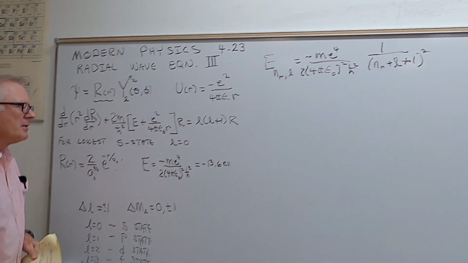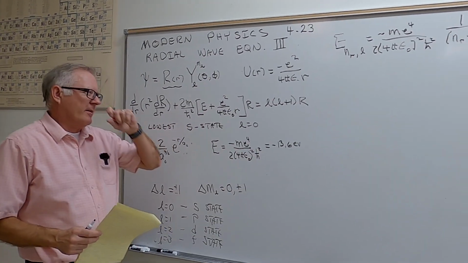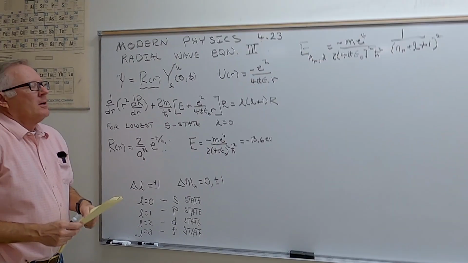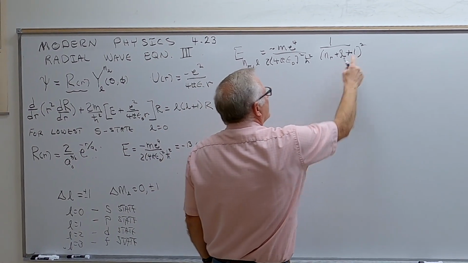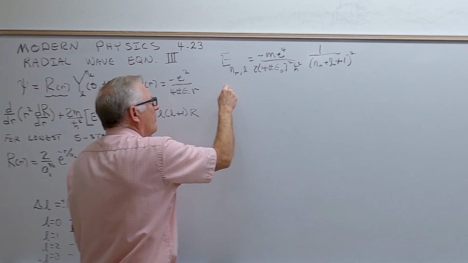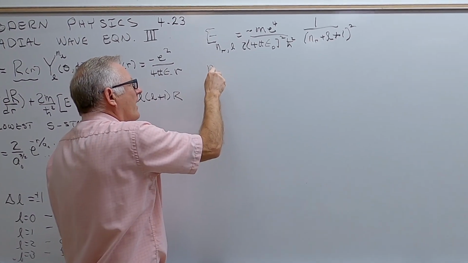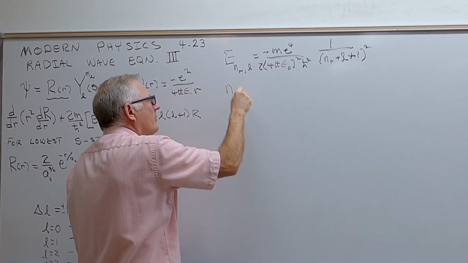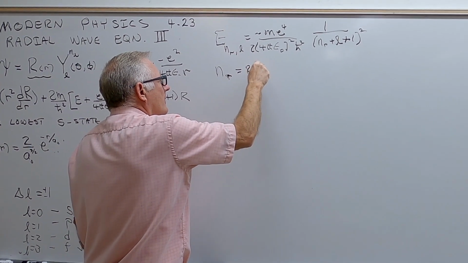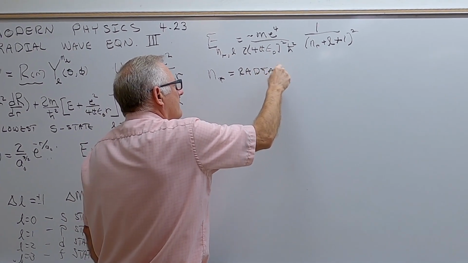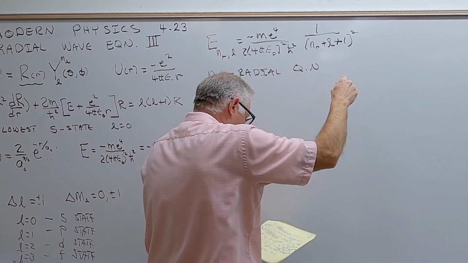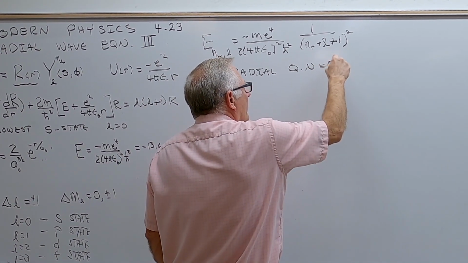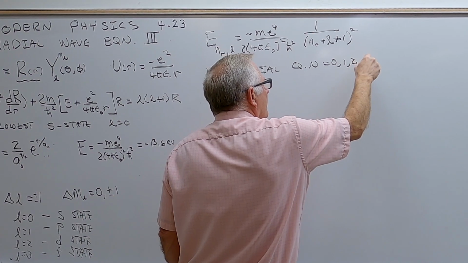So remember with the Bohr, it was just n squared. But now we're going to have n sub r plus L plus 1, where n sub r is the radial quantum number, and it goes from 0, 1, 2, and so on.